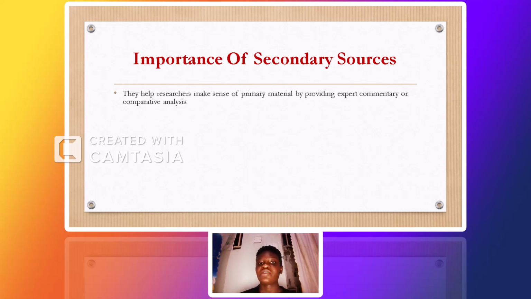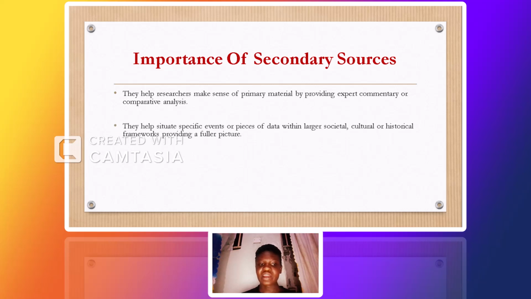You might find out that secondary sources are easier to understand in most cases than the primary sources. Another thing is that they help situate specific events or bits of data within larger societal, cultural, or historical frameworks, providing a fuller picture. So you can also say that they provide the necessary context for primary data.